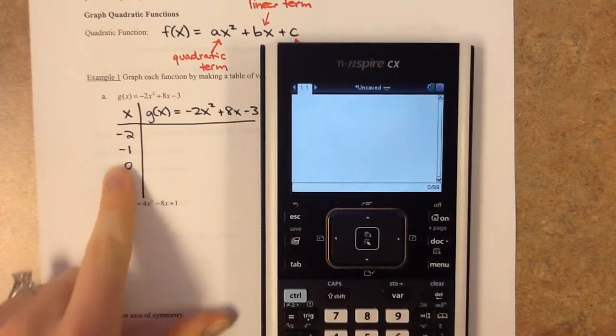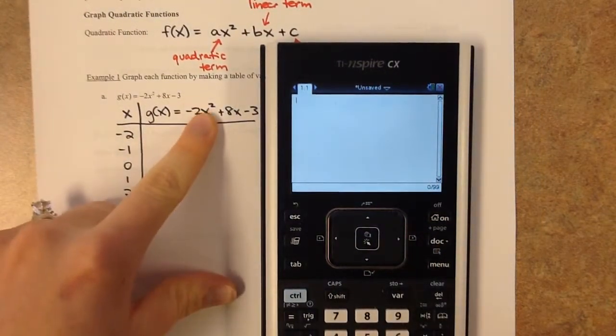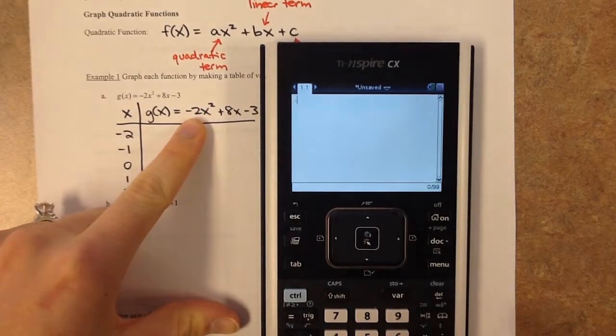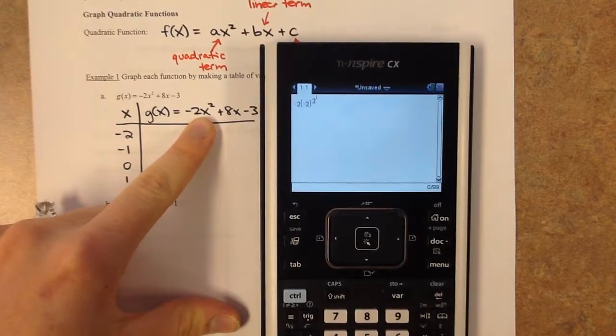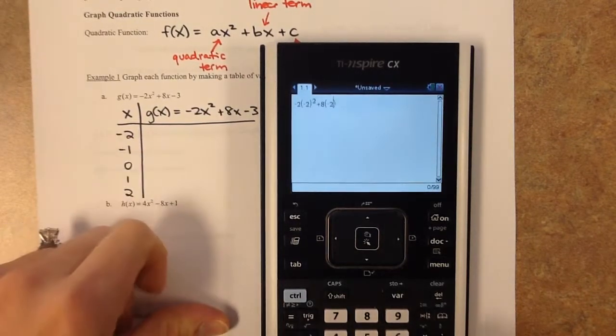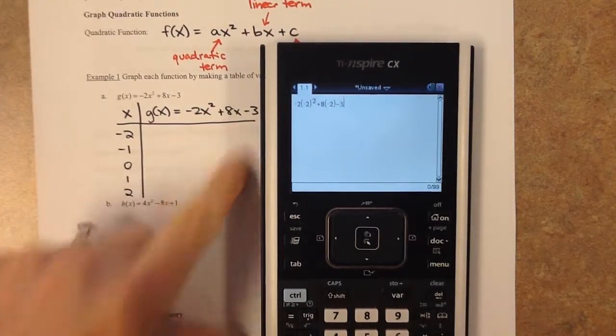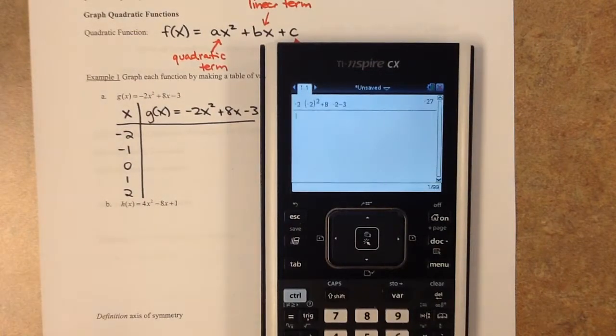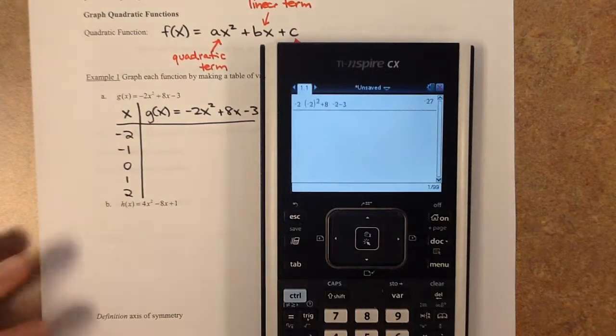We are just going to take turns plugging these values in everywhere that there's an x. So first I have a negative 2, and then in parentheses I type in the negative 2, and then I square it. That's for the x squared part. And then plus 8, and in parentheses I plug in my negative 2. And then minus 3 at the end. So I plug that whole thing in. It gives me a negative 27.